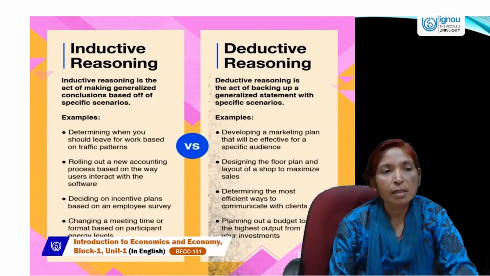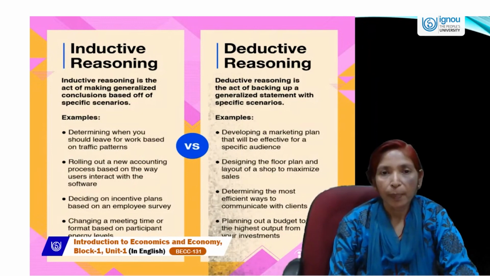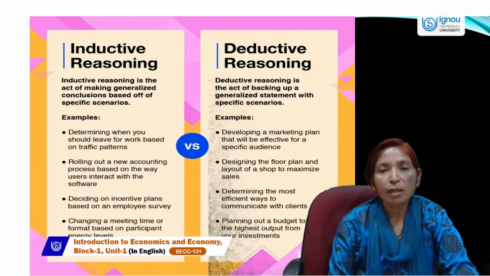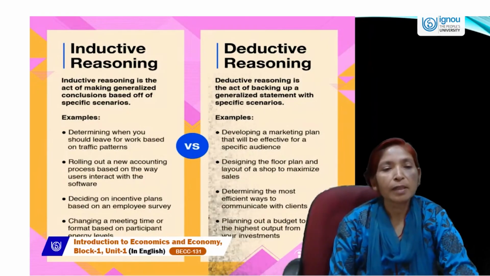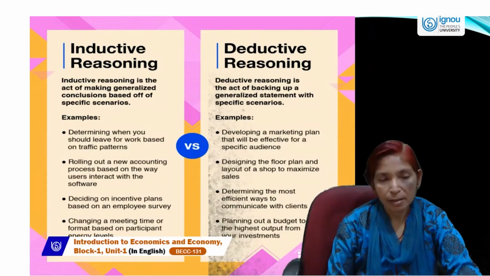Inductive reasoning is the act of making a generalized conclusion based on specific scenarios. And deductive reasoning is the act of backing up a generalized statement with a specific scenario. So what are the examples of inductive and deductive reasoning? Determining when you should leave for work based on traffic patterns.